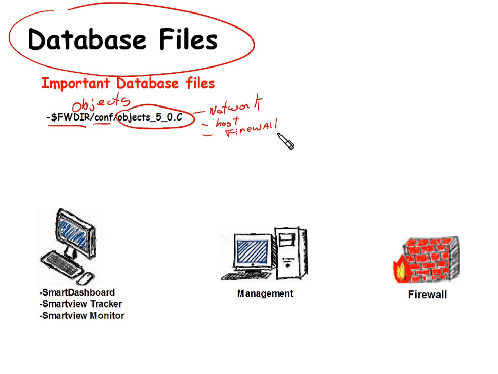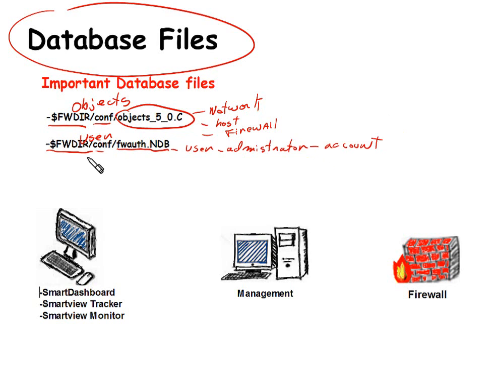The next database file is the user database file. The user database file is stored in the fwauth.NDB file. Again, it's in the $FWDIR/conf directory. The fwauth.NDB is where all your users are stored, your administrators are stored, and all your user accounts. Another important database file is the rulebase database file.